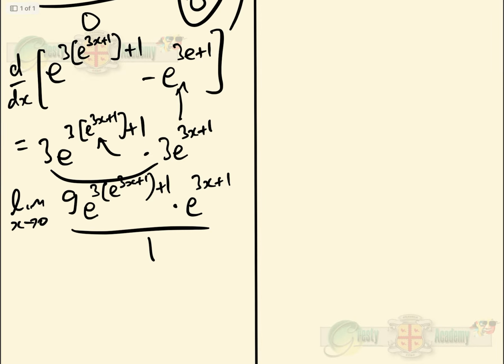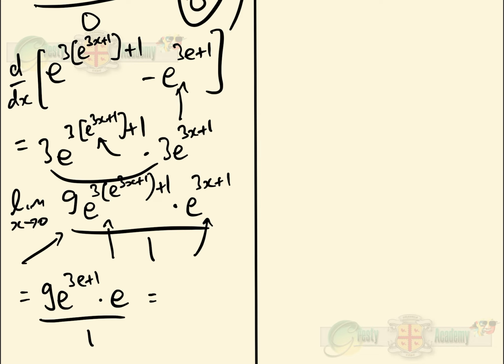This is by L'Hopital. And finally, we can put x equals 0 into this, and it gives us 9e to the 3e plus 1 times e, which is putting 0 into here and 0 into here, over 1, which equals 9e to the 3e plus 2. And that is the limit, and that's the answer.